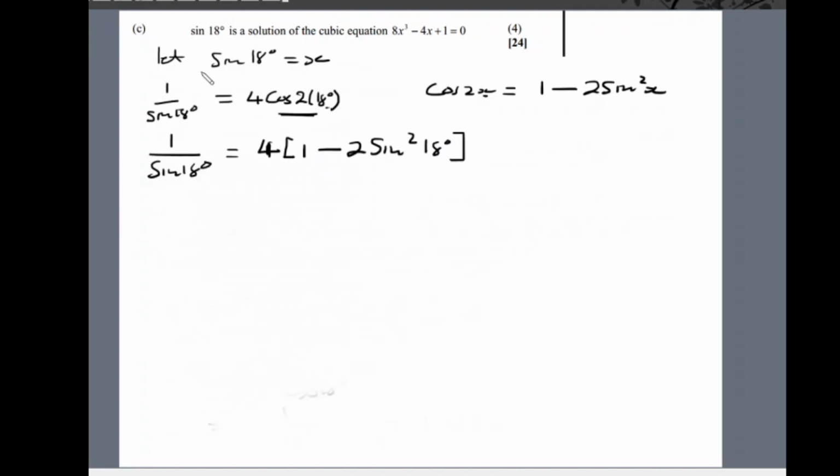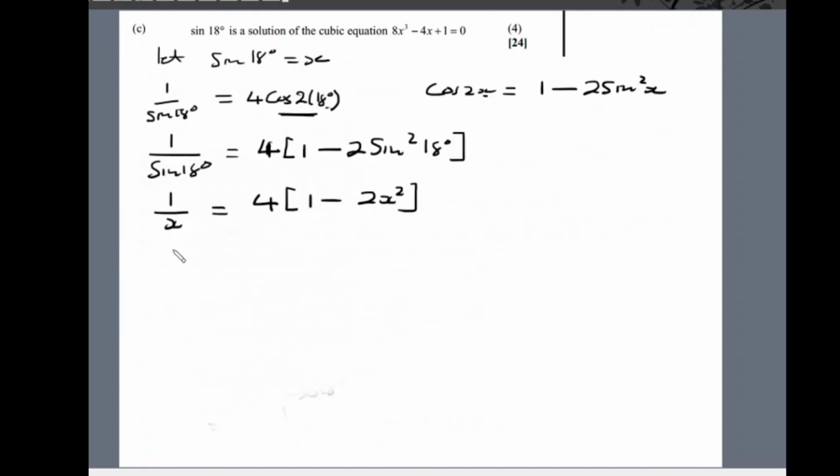And then because sine 18 degrees is equal to x, we will have 1 over x equal to 4 times 1 minus 2x squared, right?